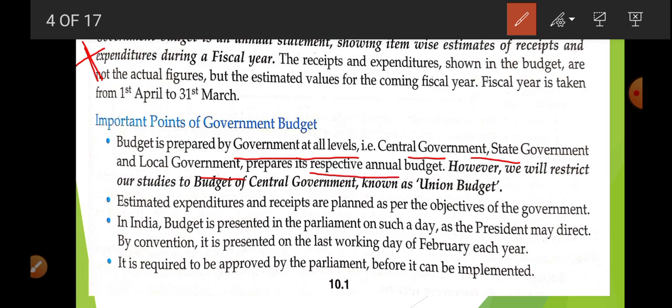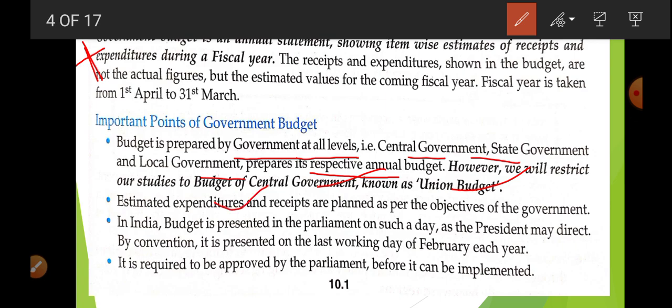However, we will restrict our study to the budget of the central government, known as the Union Budget. Budget is prepared at every level, state level, national level, local level, but in this chapter we are going to discuss just the Union Budget, the central government budget.